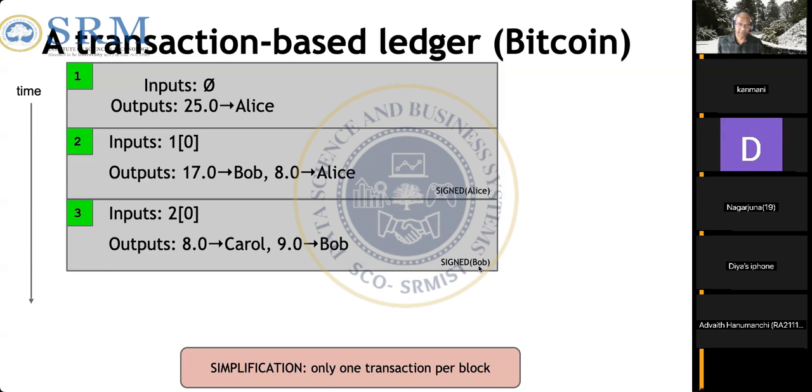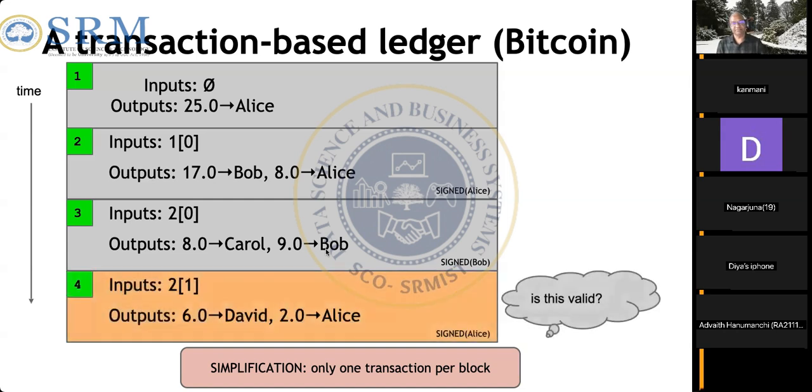This is also signed by Bob. So it's a valid transaction. And again, we want to match the input value and the output value. So he transfers 8 coins to Carol and 9 coins back to himself. This is again a change address. And now we have another transaction, which contains input 2,1.